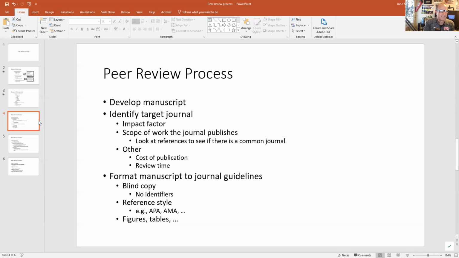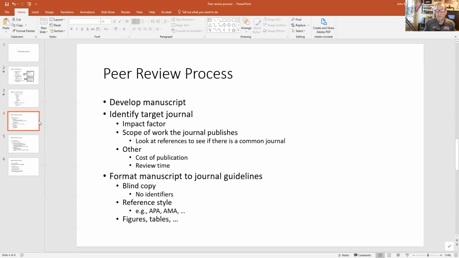The other thing that we look at is the scope of work the journal publishes. If you look at a journal homepage, it will have a description of the types of papers that they publish. Gait and Posture, for example, is very clinically oriented, so your manuscript has to target some clinical message.